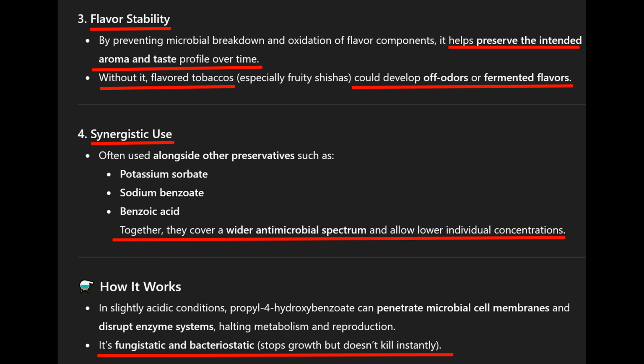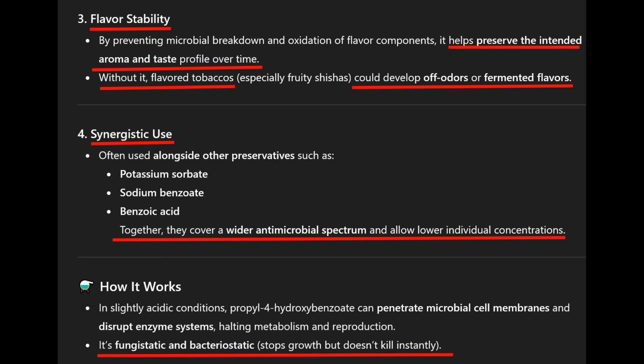Next, we have flavor stability, and this helps preserve the intended aroma and taste profile over time. Without it, flavored tobaccos could develop off odors or fermented flavors. For synergistic use, together they cover a wider antimicrobial spectrum and allow lower individual concentrations. How does it work? It's fungistatic and bacteriostatic.